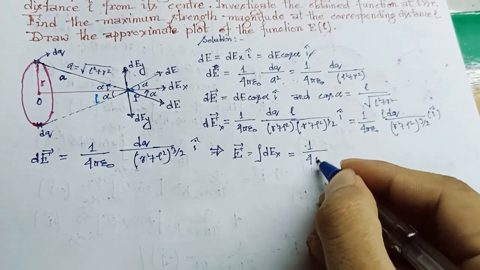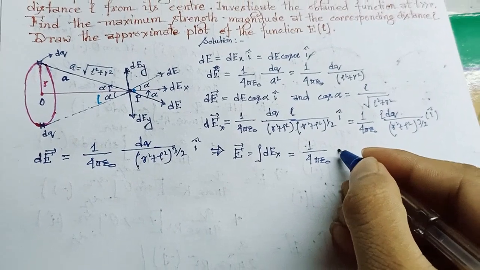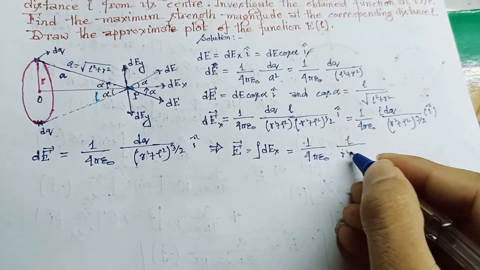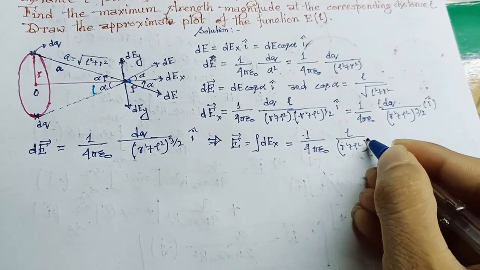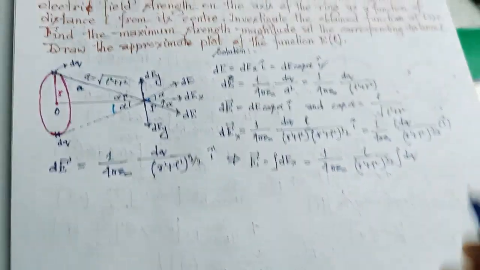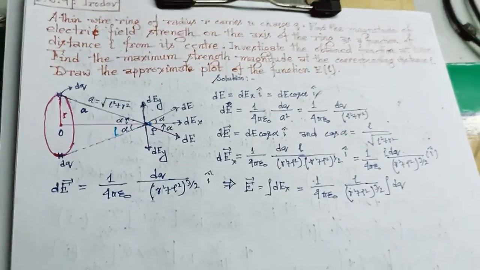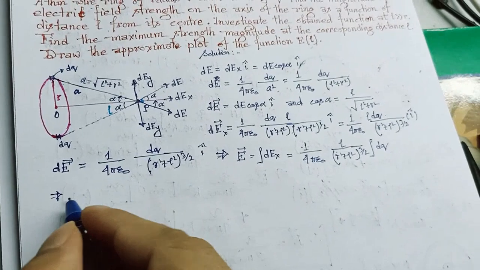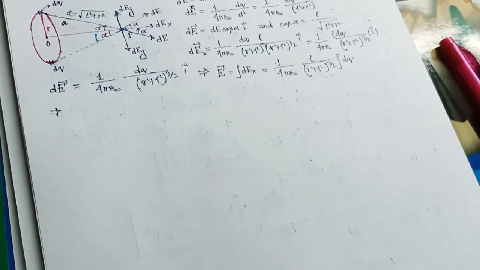So 1 by 4 pi epsilon naught into L divided by (R square plus L square) whole to the power 3 by 2, and the integration of dq. Now the integration of dq will be only q, meaning the total or net charge which is distributed on the ring.